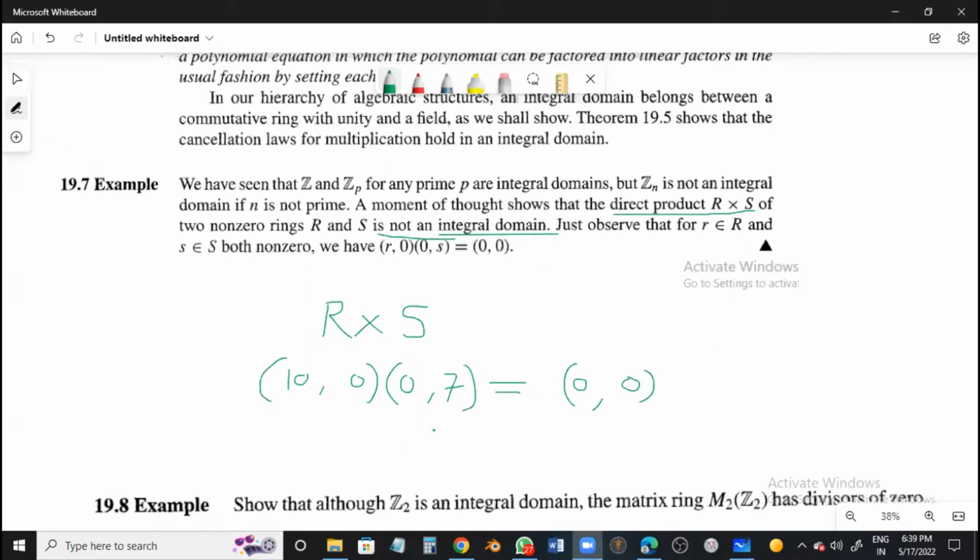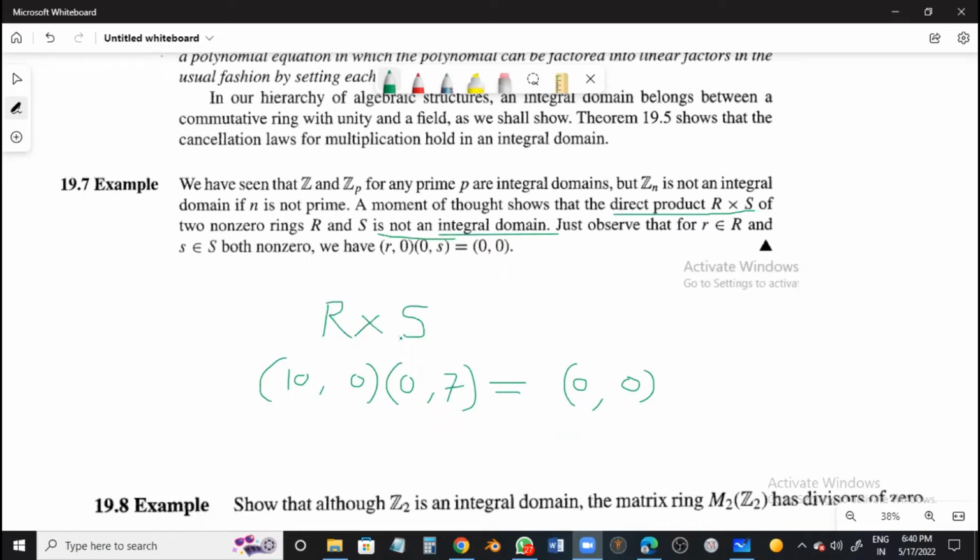Why is it not so? Because we multiply coordinate-wise, I mean component-wise. And if one of the components is non-zero, we say the pair or triplet, whatever, is non-zero. Though one entry is 0, the other may not be 0, so I will not call this a zero element. It's non-zero, and I multiplied two non-zero elements, producing 0.